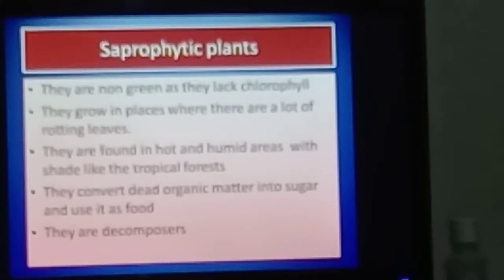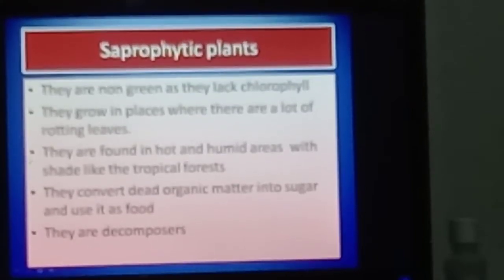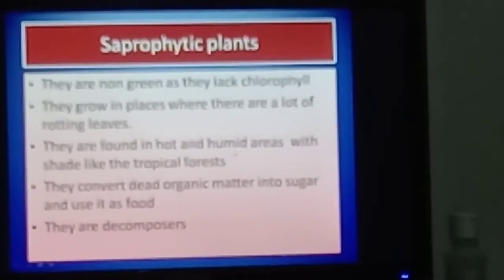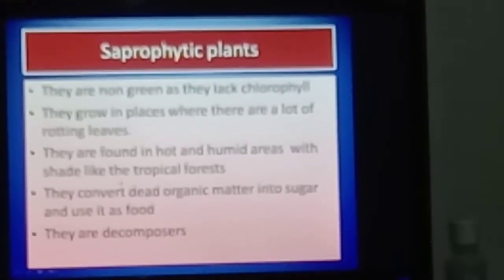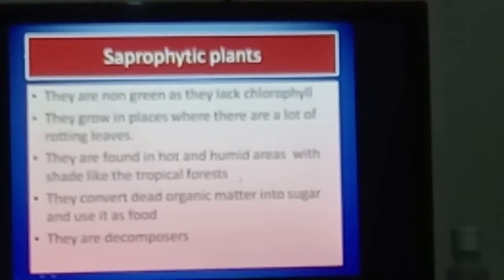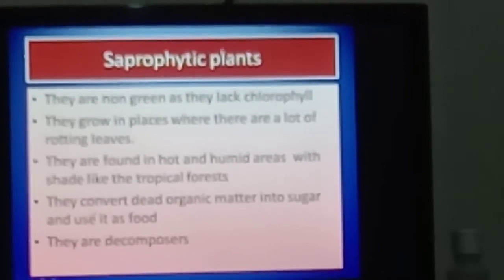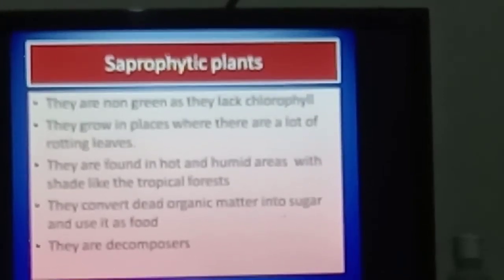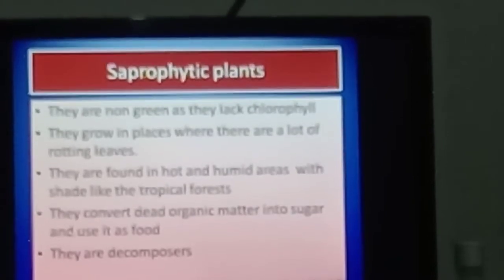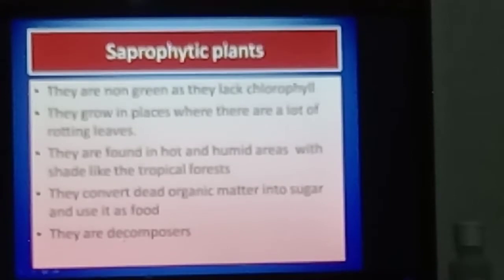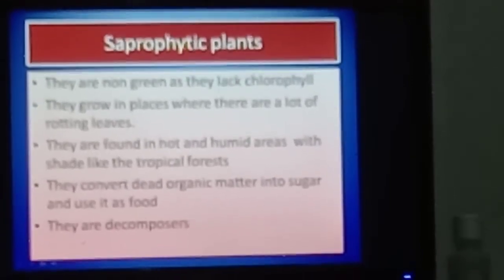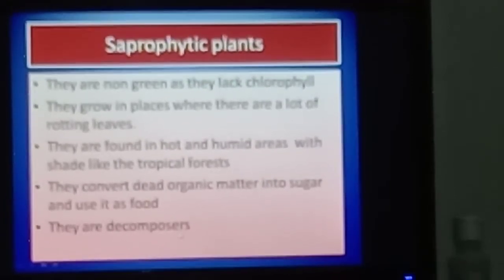They are found in hot and humid areas with shade, like the tropical forest. They convert dead organic matter into sugar and use it as food. We can also call them decomposers.